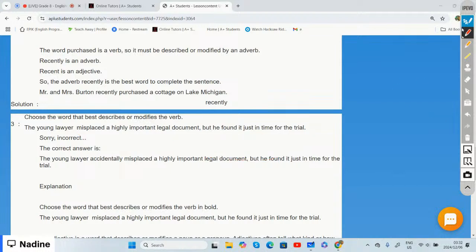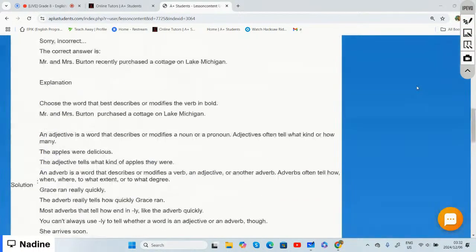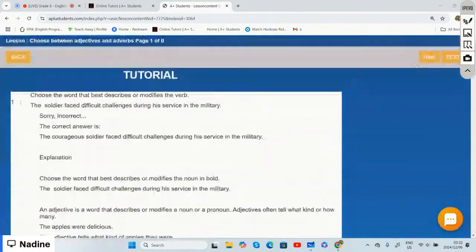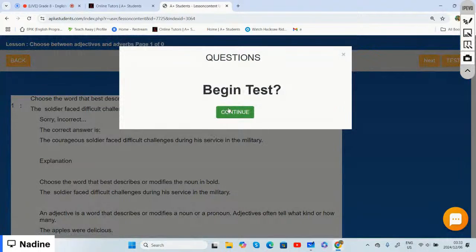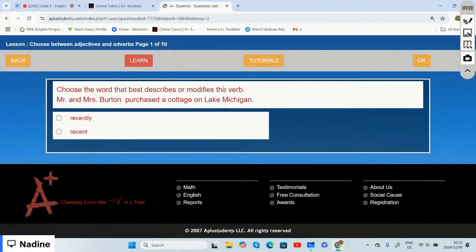All right, so now we're going to our test, and we're going to choose between an adjective and an adverb. We need to choose the word that best describes or modifies the verb.